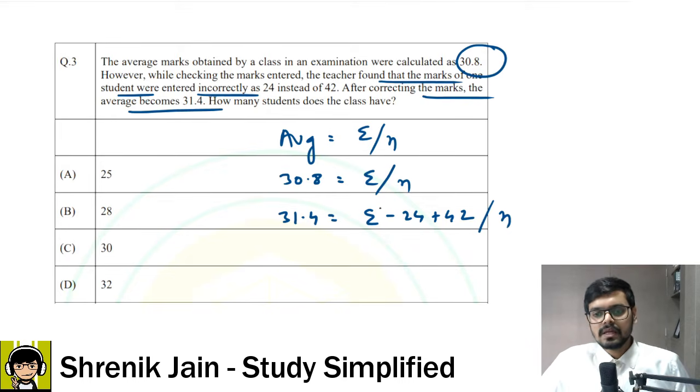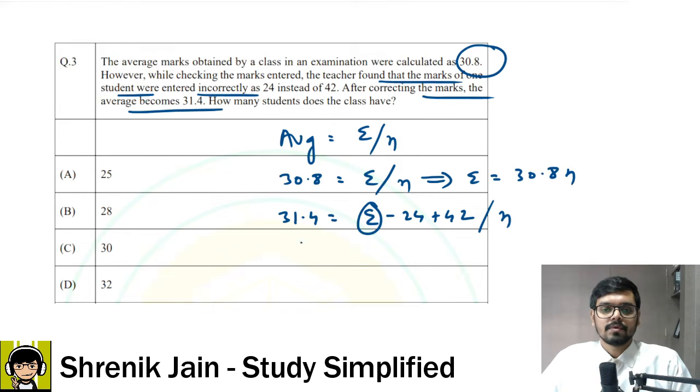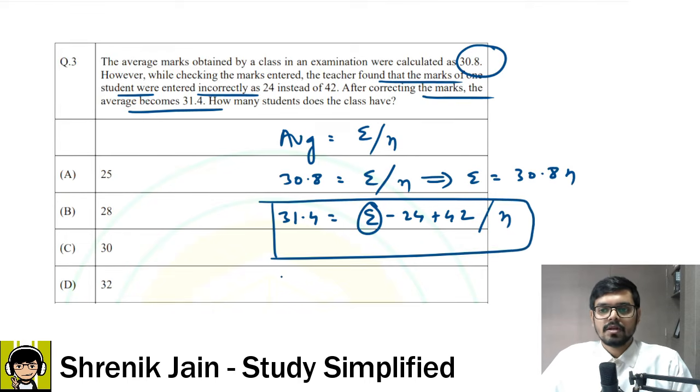And now you can see this summation can be replaced from the previous expression, because the previous expression says the summation is actually 30.8n. So now in this expression, this n will go to the left-hand side. Because this is a complete bracket and n is the denominator, if it goes to the left-hand side, it would be 31.4n, that is equal to the summation, which is 30.8n minus 24 plus 42.